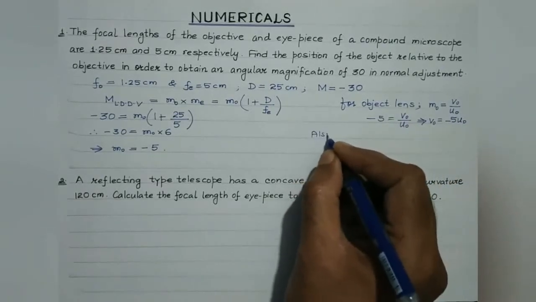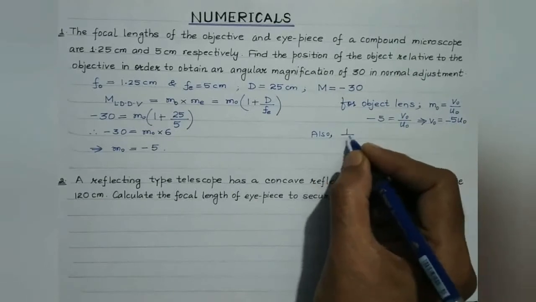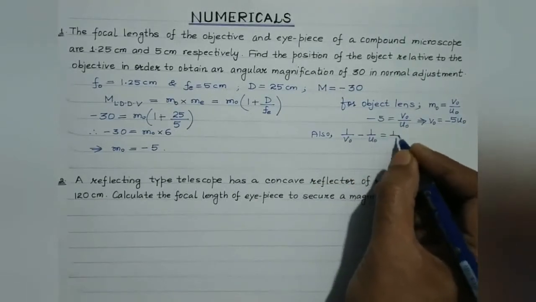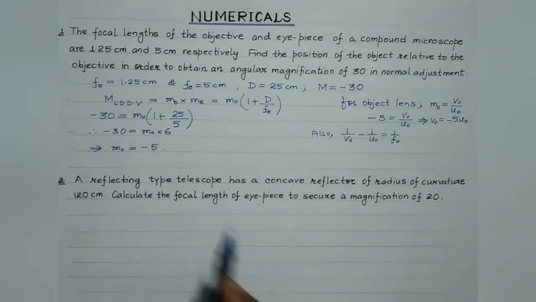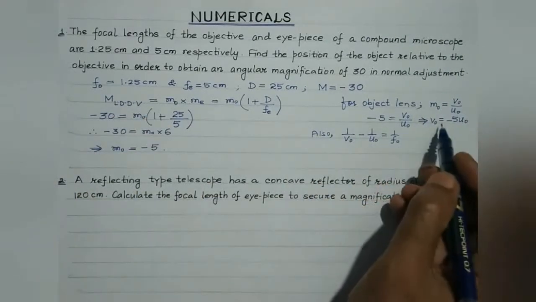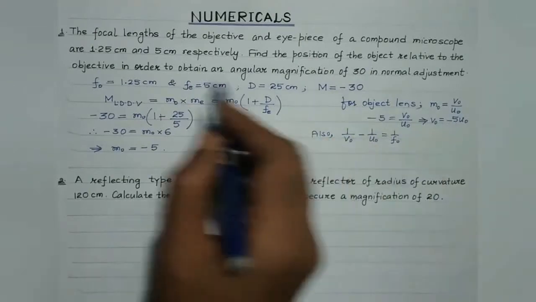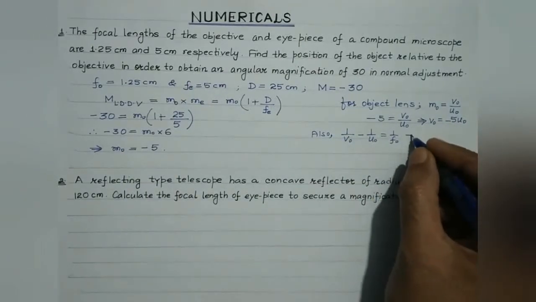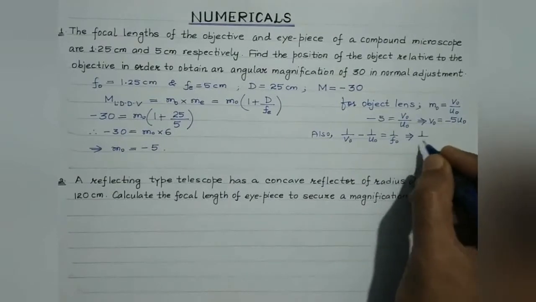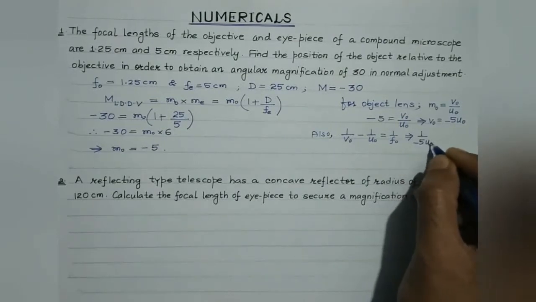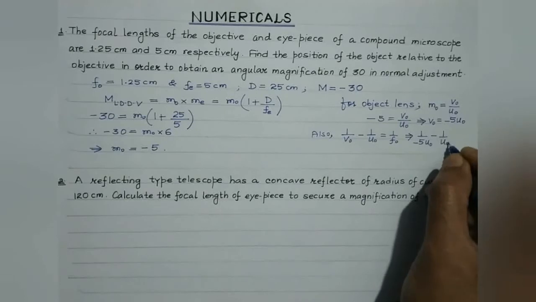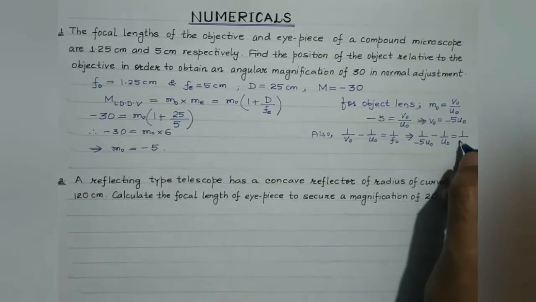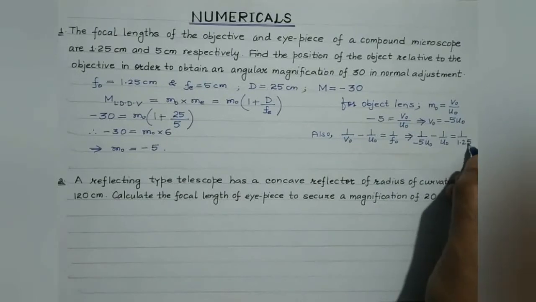Also, from Gaussian lens equation, 1 by V0 minus 1 by U0 is equal to 1 by F0. So F0 is already given, right? V0 in terms of U0 is given, so we can substitute these two values over here and get the value of U0. So which implies that 1 by minus 5 U0 minus 1 by U0 is equal to 1 by F0. F0 is given to be 1.25 in centimeters.